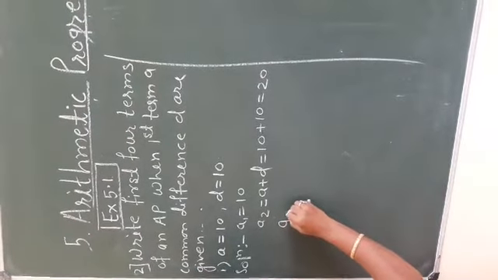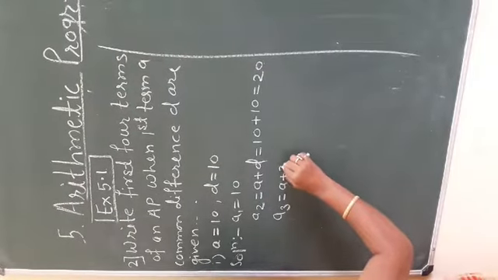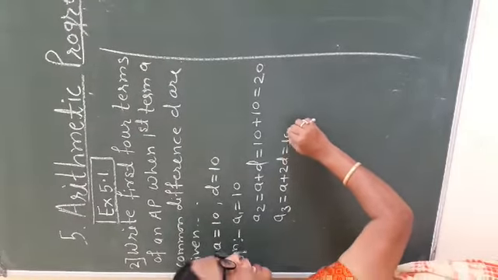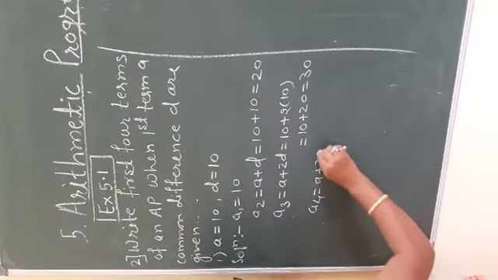Now we have to find A3, the third term. What's the formula? a plus 2d, so 10 plus 2 into 10. Why 2 into 10? Because the value of d is 10. So you get 10 plus 20, which is 30. What is A4? a plus 3d.